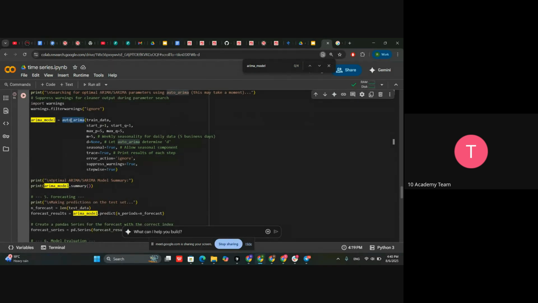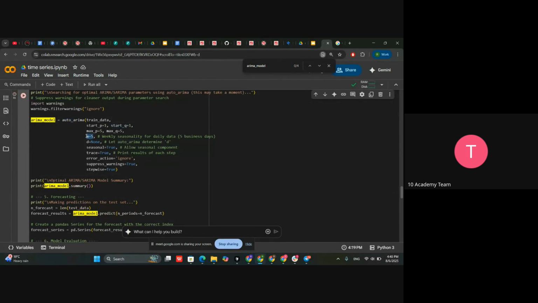The auto ARIMA will decide whether the data has seasonality, to go with SARIMA, or whether the data just has a trend, to go with the ARIMA model. The d value and other specific values can be decided by the p value and the q value, which is the amount of previous values that it needs to look at, and m is equal to 5.